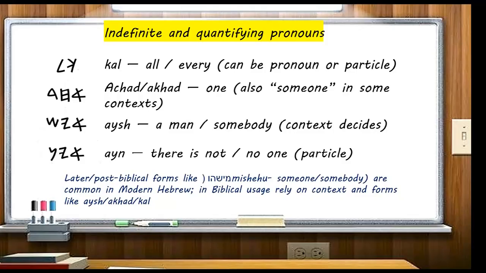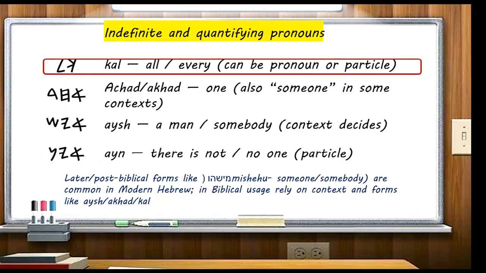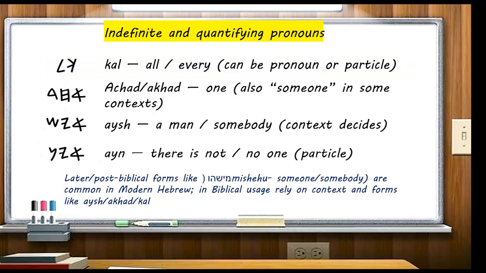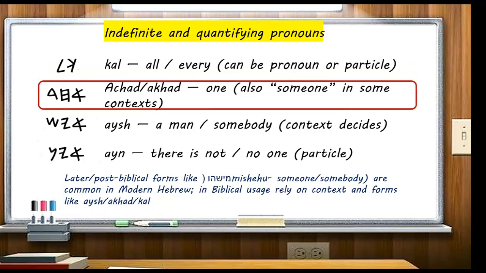So we have indefinite and quantifying pronouns. When we speak of all or every, which can be a pronoun or particle, the Yahudyth word is kal. So when you say all or every, kal. Then when we speak of one, in another context you may see someone.